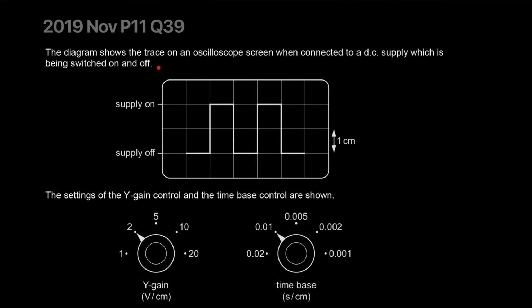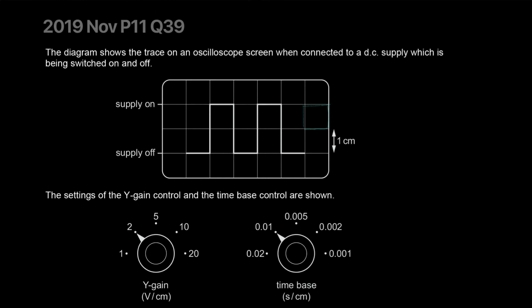The diagram shows the trace on an oscilloscope screen when connected to a DC supply which is being switched on and off. This question is just killing me. The settings of Y gain control and time base control are shown, right? So this is 1 centimeter each block. Each of these blocks is 1 centimeter, right?